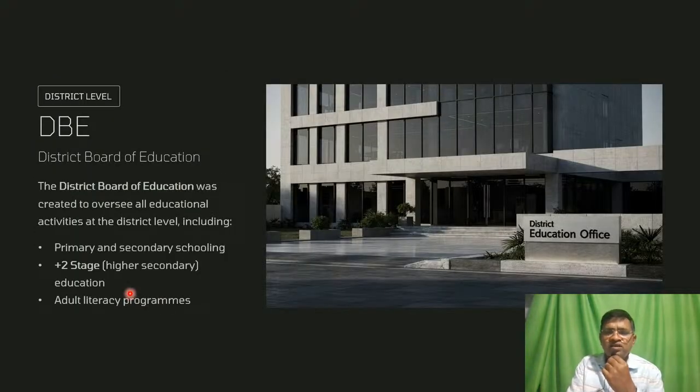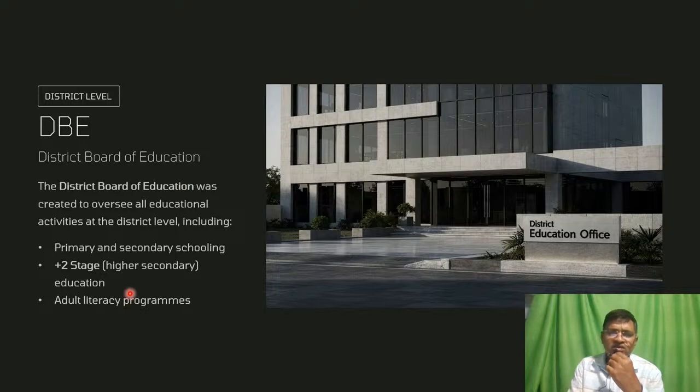After the state, there is the District Board of Education. The District Board of Education was created to oversee all the educational activities within the district, including primary and secondary schooling, as well as plus two, that is higher secondary education, and adult literacy programs like Akshara Ujjwala.